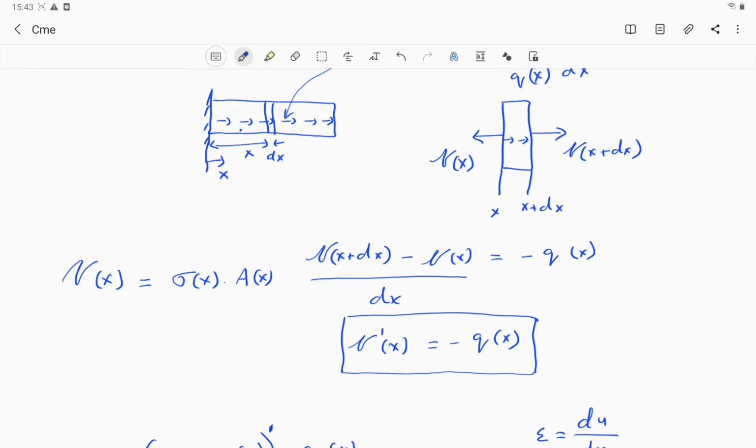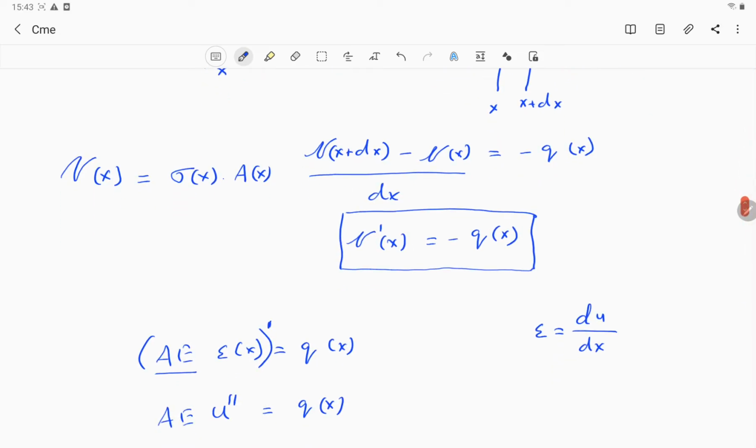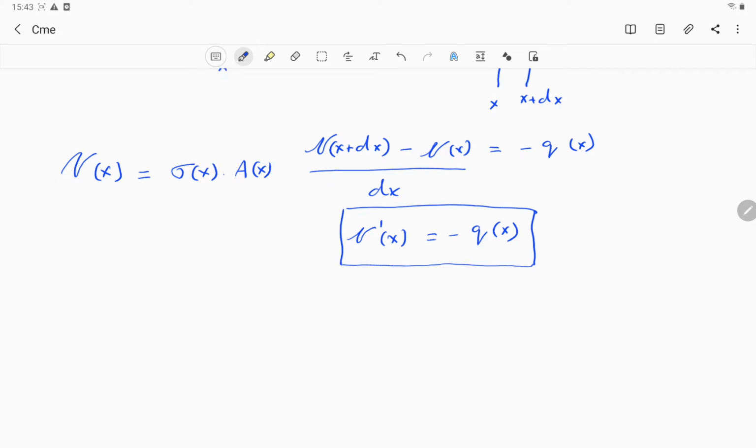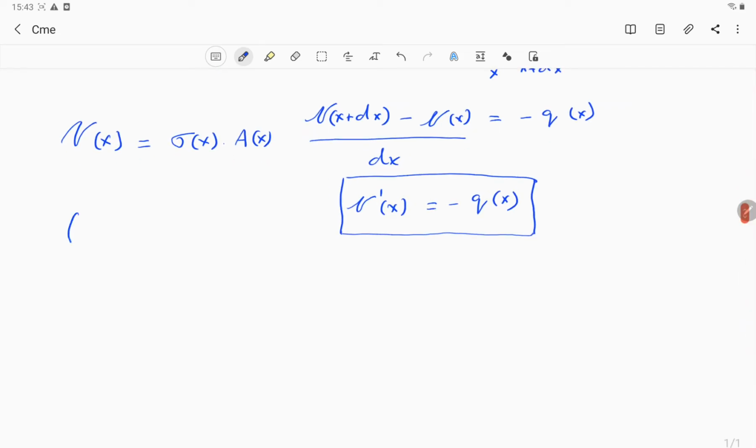Okay, so if I put that in this equation, what do I get? Let me erase these things. So sigma A, which is equal to minus q of x.